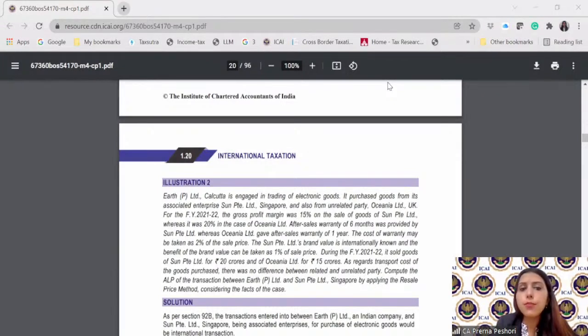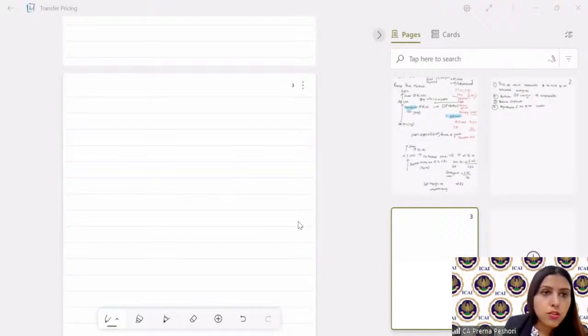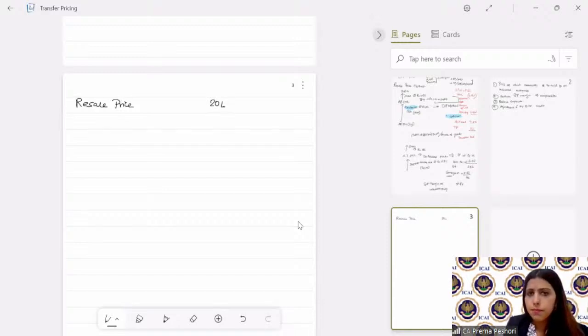So you need to start from rupees 20 lakhs, which is your selling price, your resale price, right? Let me do it together with you. From this 20 lakhs, we will reduce the normal gross profit margin.